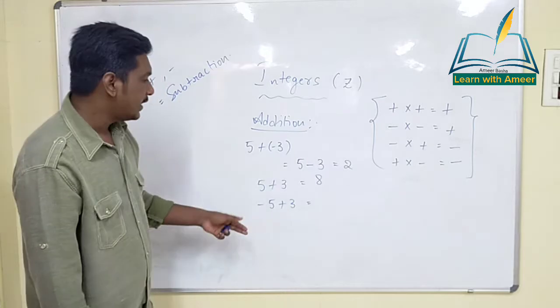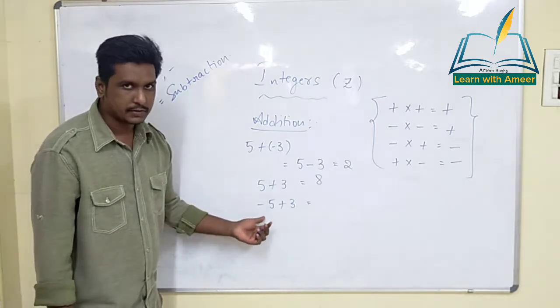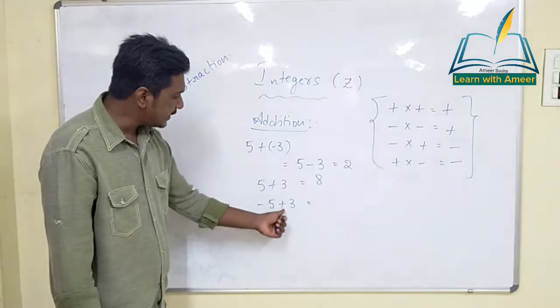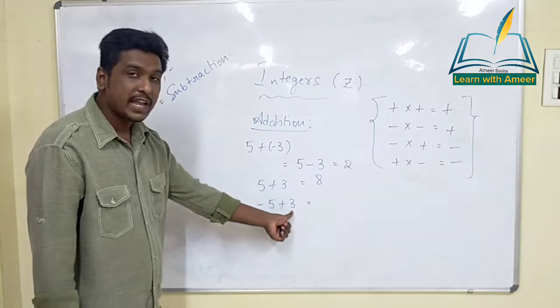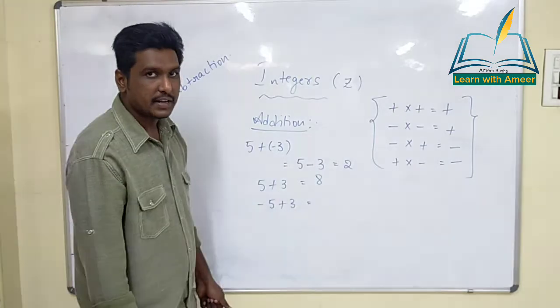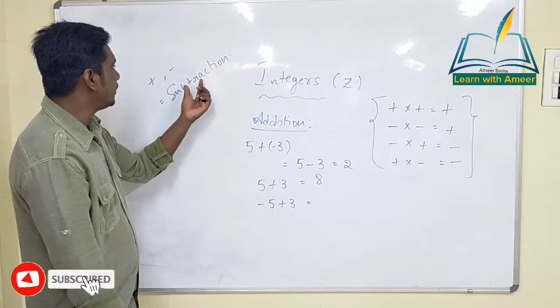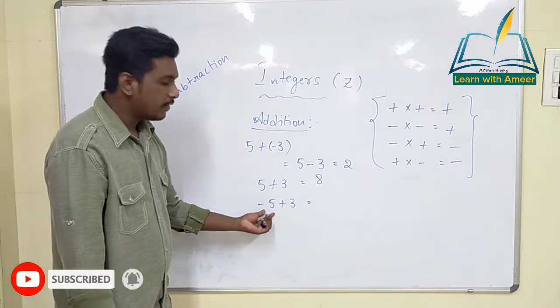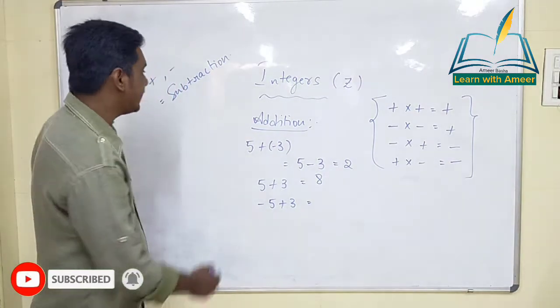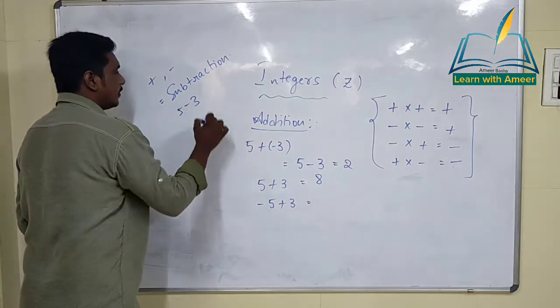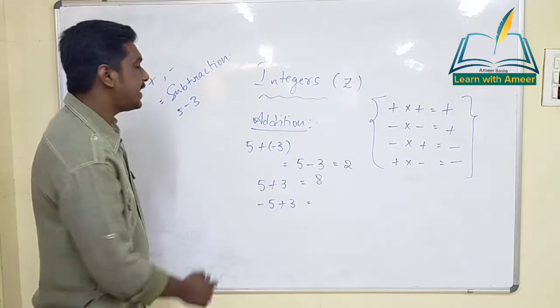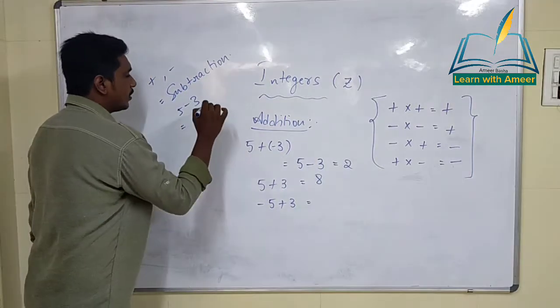Understood, children? Now we are going to do the same thing here also. Here we have minus, here we have plus. So what do we have to do? We have to do subtraction. 5 minus 3 is 2.